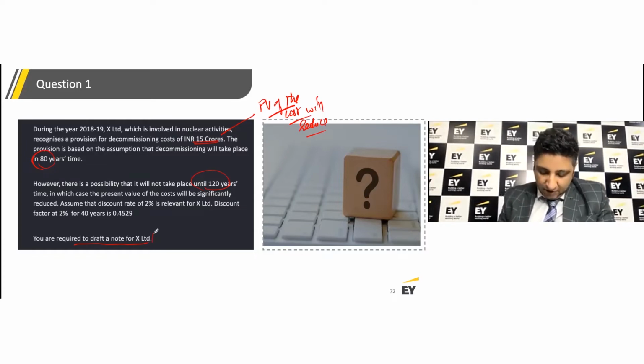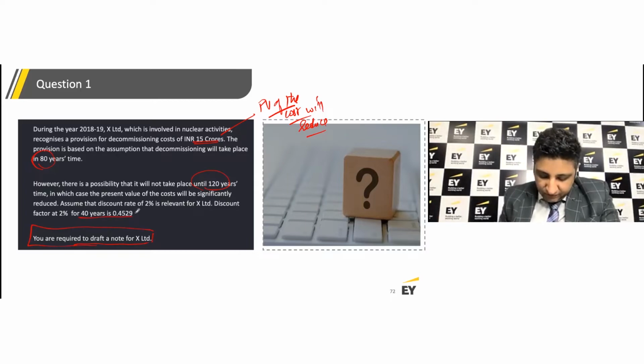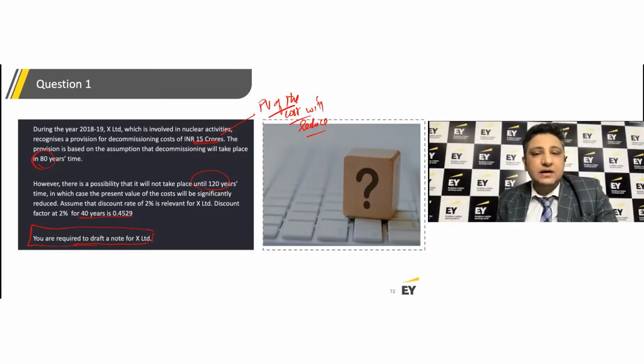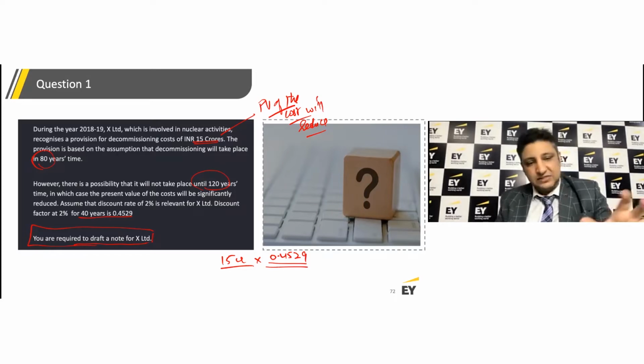Of course, the requirement is to prepare a disclosure note for these changes in the assumptions of the estimates as we see here. We are also provided, of course, that the discount rate which is relevant for X Limited is 2%, and the present value factor is also provided. So the one calculation that we need to take into consideration is the reduced value of the provision, because while 15 crores is taken for 80 years, it has to be assessed for 120.